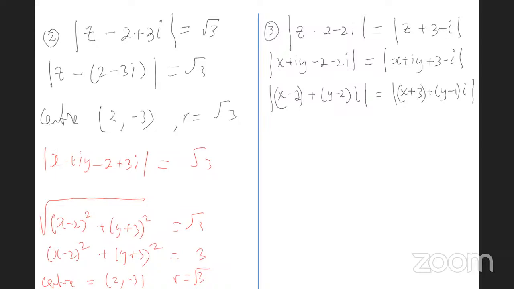Right, so you should have that form there. Simplify it out, square both sides, and then see what it turns out to be, right?